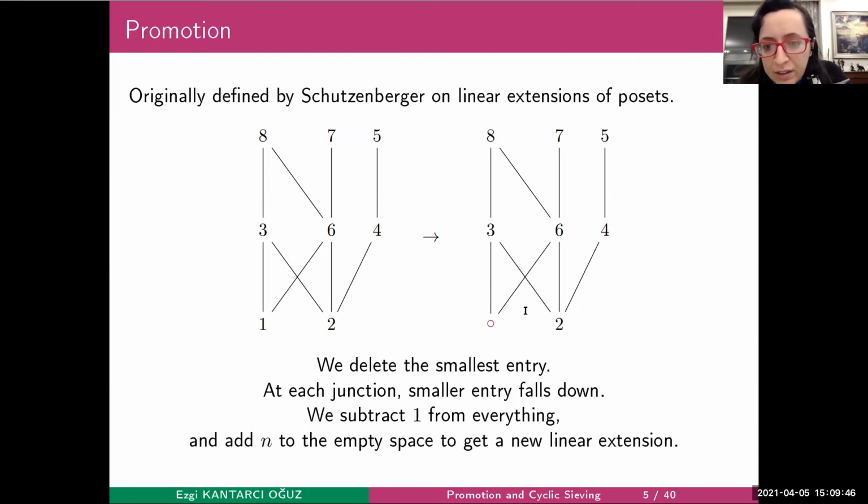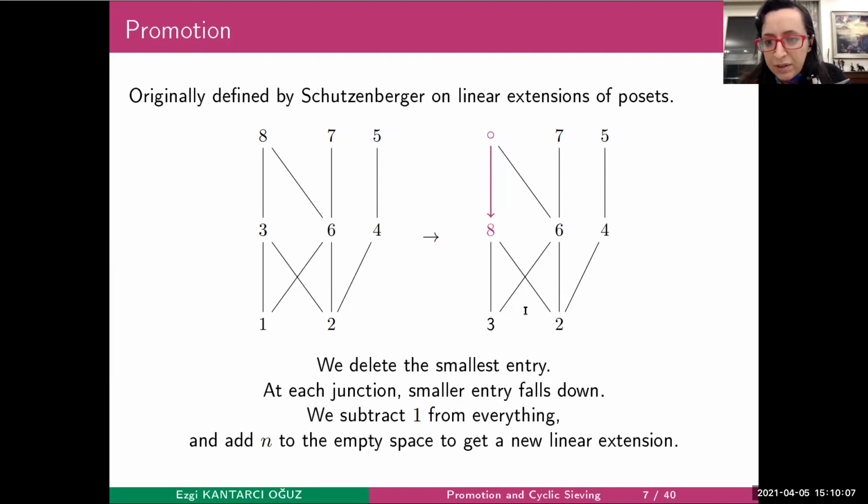Then we delete the smallest entry, and then at each step, the smaller one of the upper neighbors falls down. So 3 falls down, and now 8 falls down. And now our empty space is at the top. There is no more falling down to do.